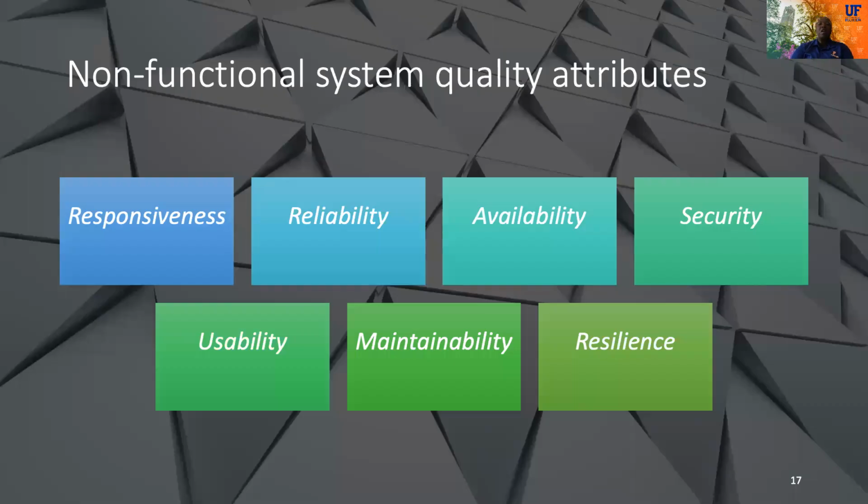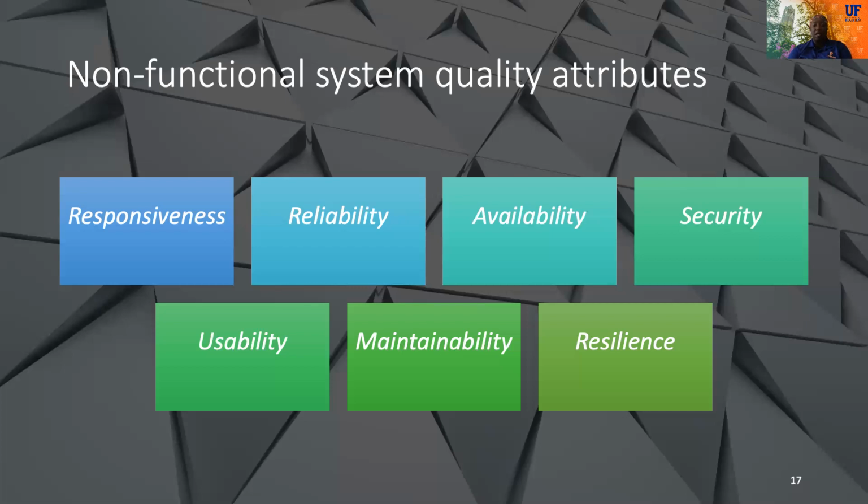But when you are looking to design an architecture, you first have to figure out non-functional system quality attributes, what your product contains or what you want your product to contain. Does it need to be responsive? Does the system return results to users in a reasonable time? Reliability, will the system features behave as expected by both the developers and users? Availability, can the system deliver its services when requested by the users?